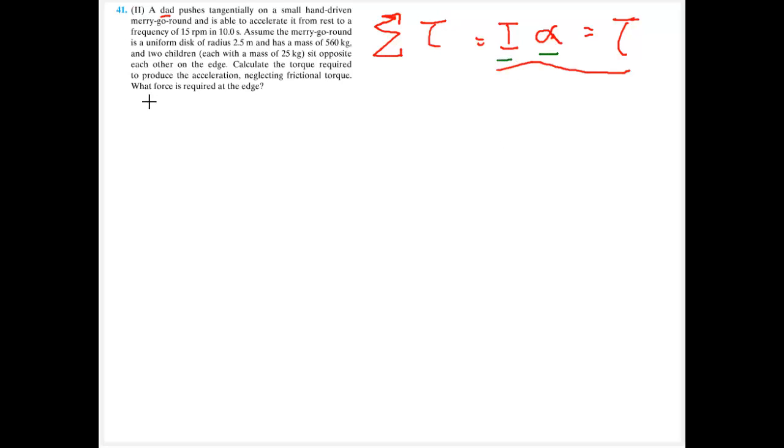So let me take a look at this. I know that it's starting from rest, so it originally has no rotation, so 0. I know it's going to spin up to 15 revolutions per minute. Obviously I can't work in revolutions per minute, so I need to convert this into radians per second.